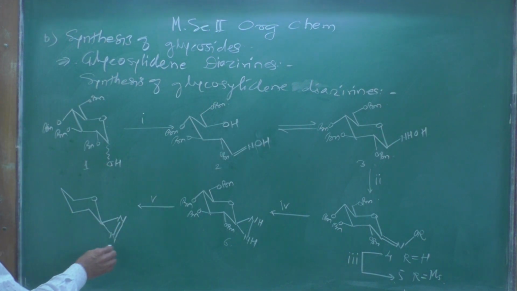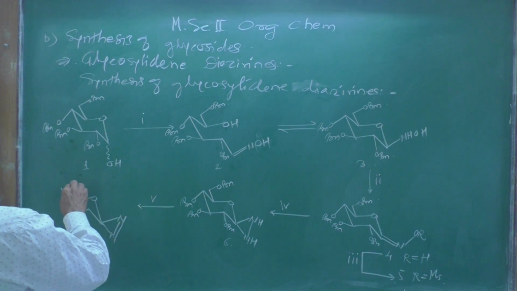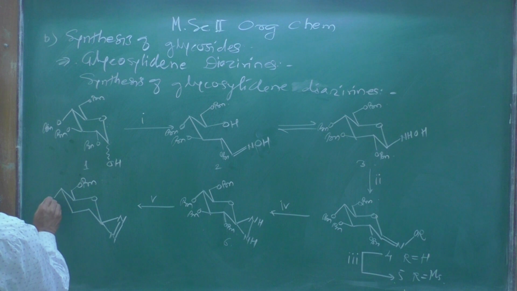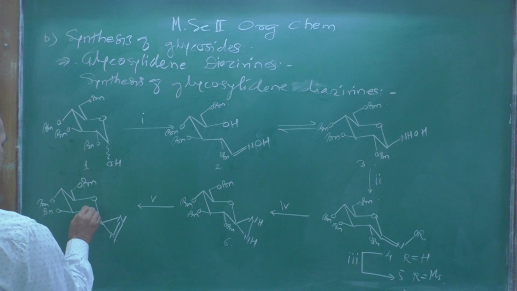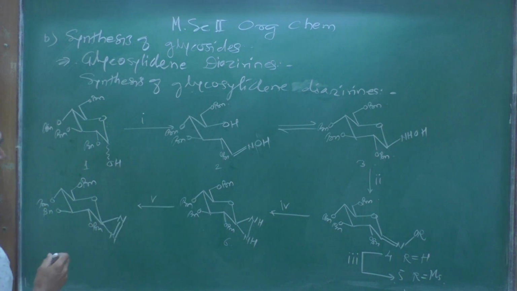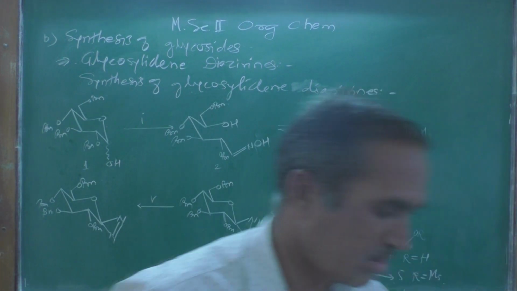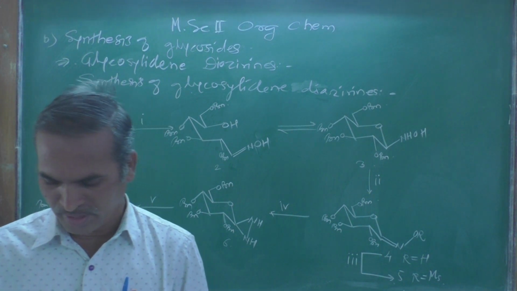So remember, this is the structure of glycosylidene diazirine. The other part of the compound remains as it is, OBn, OBn, and this is nothing but a glycosylidene derivative. This is structure number 7 which we got over here.